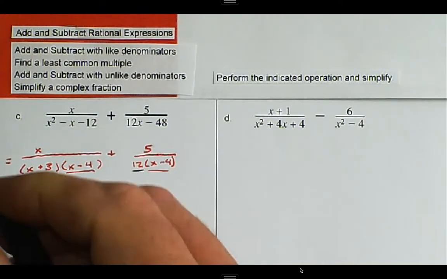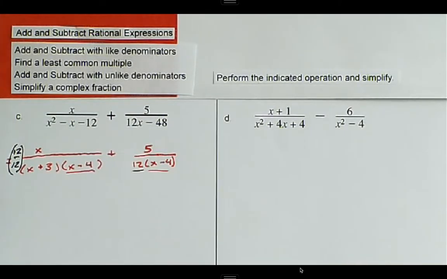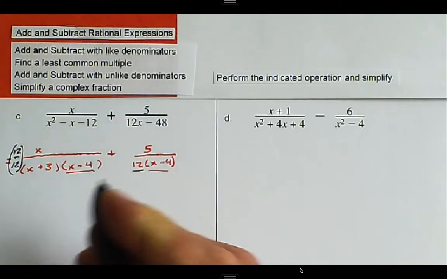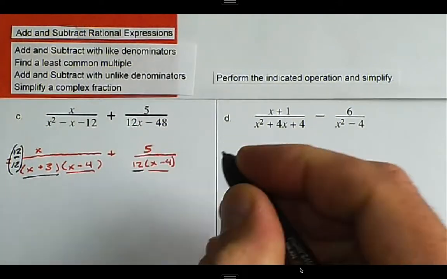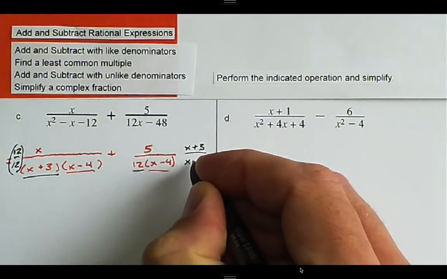And the way that we do that is we multiply by 12 over 12, because that is the value of 1. And then on the left side here, we have an x plus 3 that we are missing over here. So we have to multiply by x plus 3 divided by x plus 3.